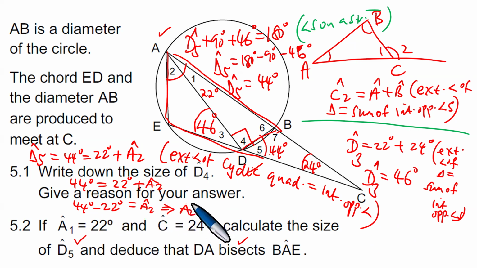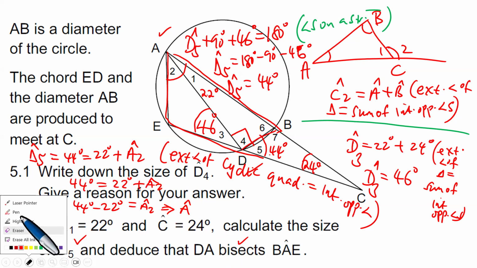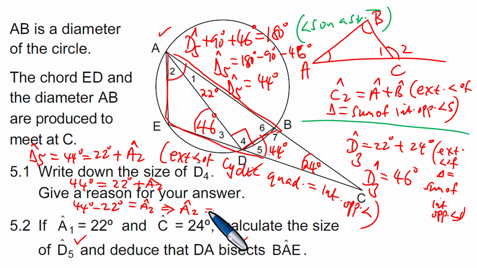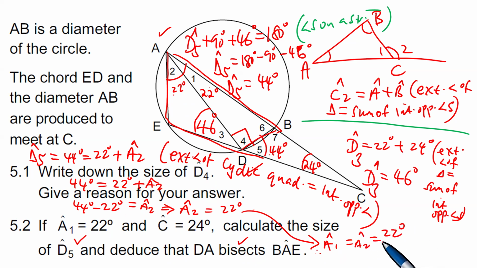The angle A2 is equal to 44 minus 22, which is clearly 22 degrees. This has proven that this one is 22 degrees. So this one is 22 and that is 22. Therefore, angle A1 is equal to angle A2, which is equal to 22 degrees.